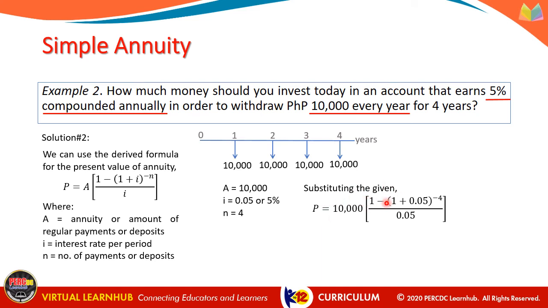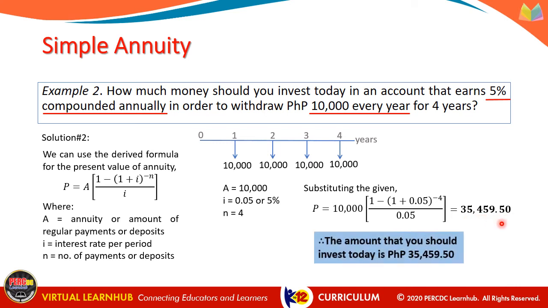Substituting the given to this equation, we will have present value P is equal to 10,000 times quantity 1 minus 1 plus 0.05 raised to negative 4 divided by 0.05. Okay, just press this in your calculator and you should get the same answer, 35,459.5.